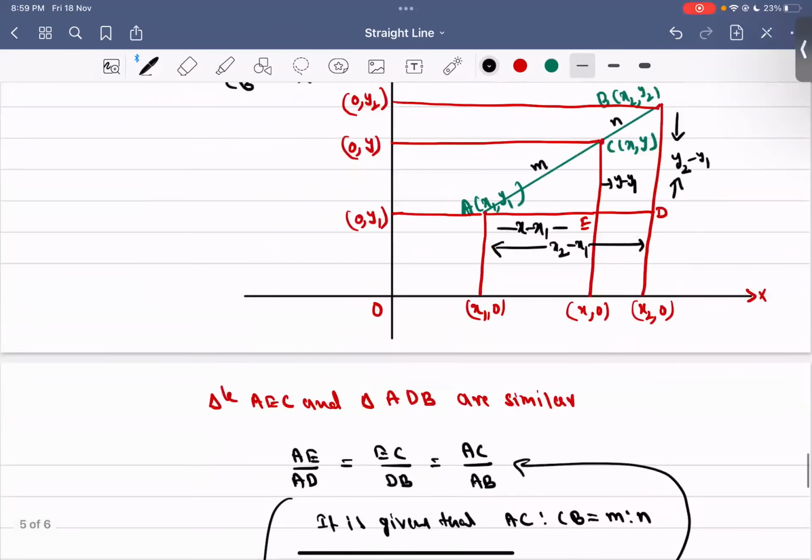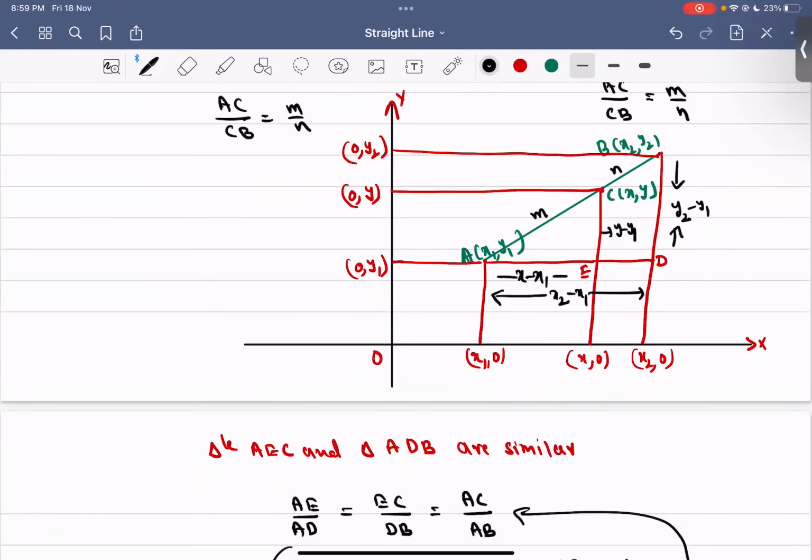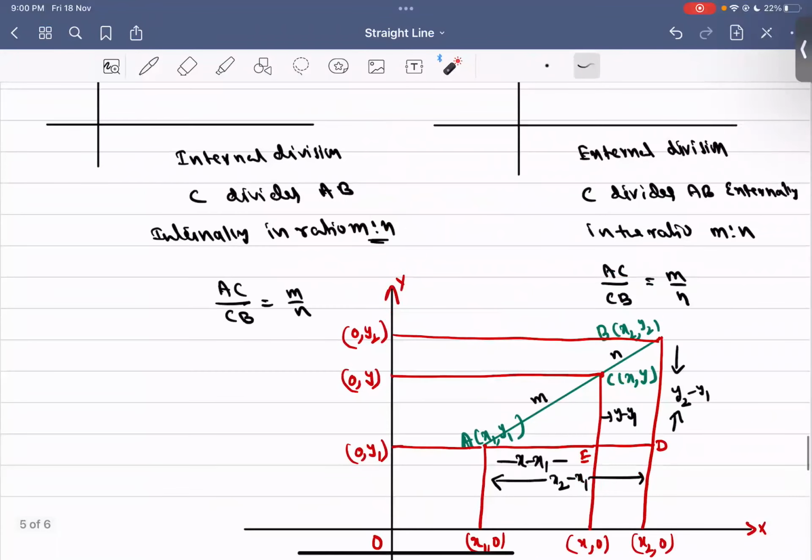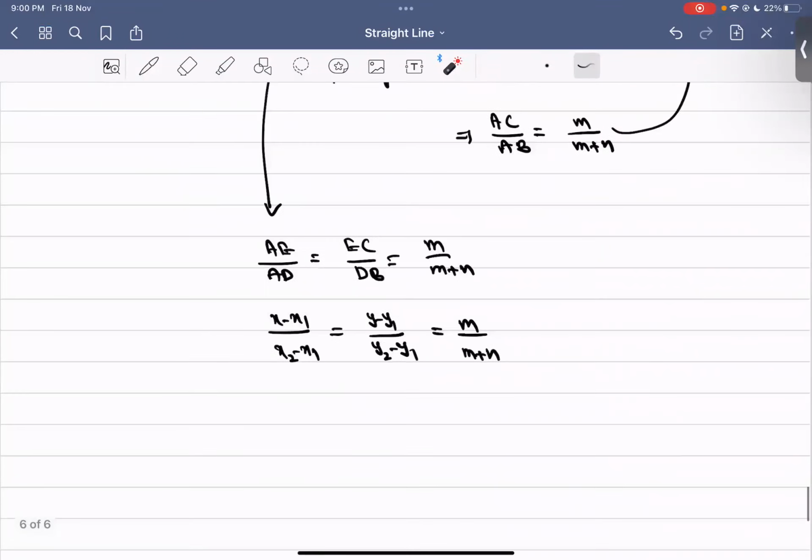DB is y2 minus y1, equal to m by m plus n. So now our requirement is what? We need to find the internal division point. The x, y coordinates of C, the internal division point, is our requirement.